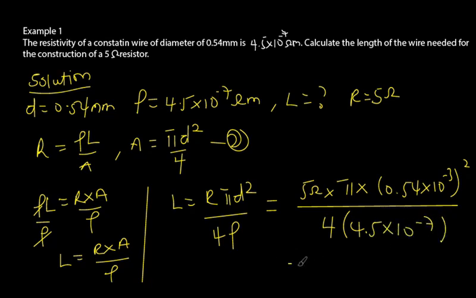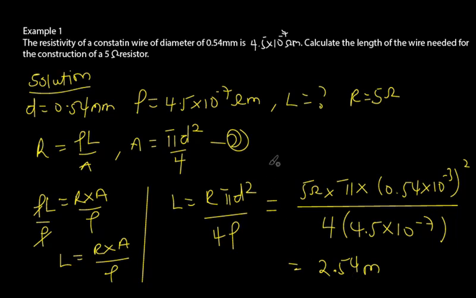Okay, so let me quickly punch this into the calculator. So we have 5 shift pi, just to get a pi on your calculator. So shift and you press the pi. So 5 times pi times 0.54 times 10 raised to the power minus 3 all squared divided by 4 times, into bracket, 4.5 times 10 raised to the power minus 7. So yeah, this is giving me 2.54 meters.